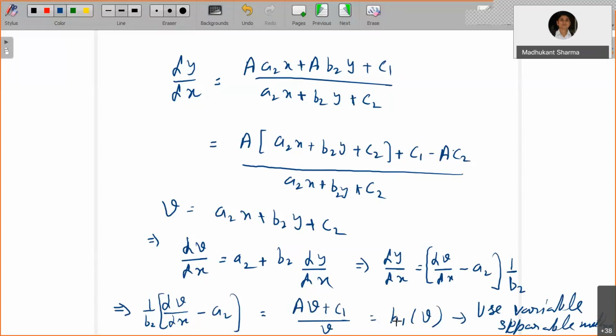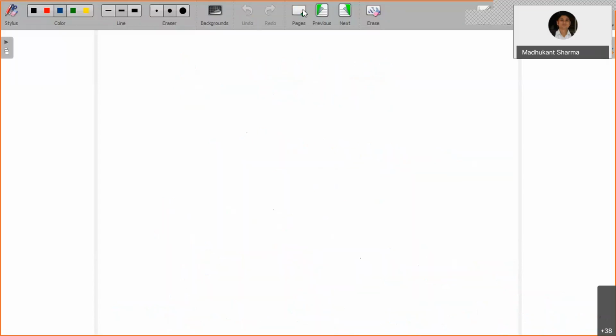So this again turns out to be a function of v only, so you can certainly find the solution by using the variable separable method. So we can get rid of these two cases. There is no problem solving these cases, whether all the ratios are the same, or a1 by a2 equals b1 by b2 but not equal to c1 by c2.